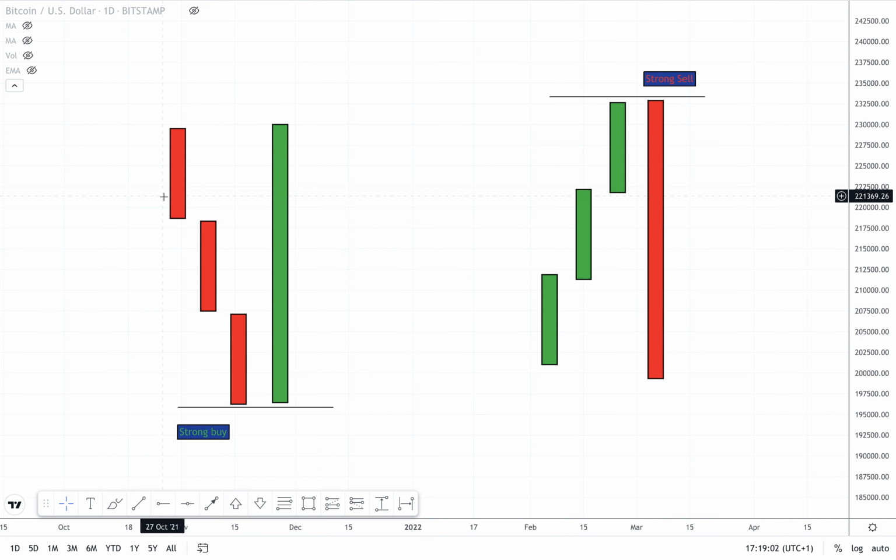In a market, pretty much when things get too cheap and price decreases too much to a level where buyers are looking to enter, people buy up the market when the price approaches the level, and when things get too expensive, people decide to take their profits by selling the market.